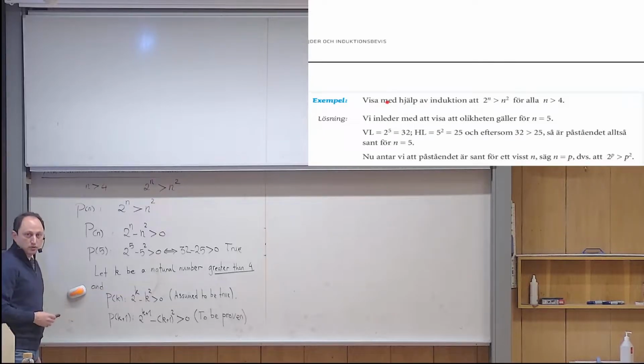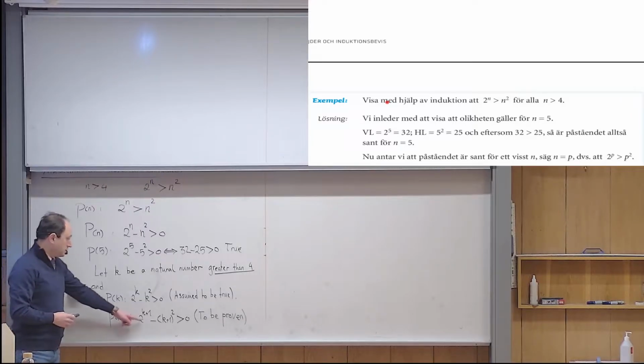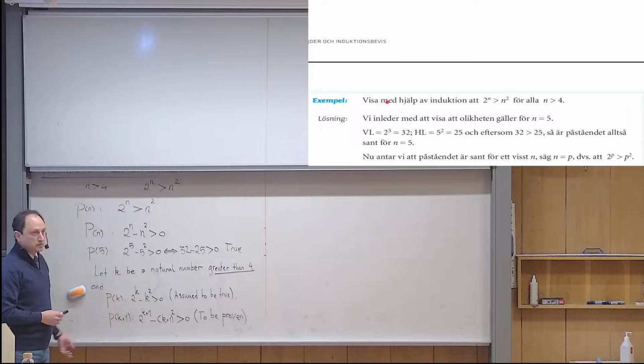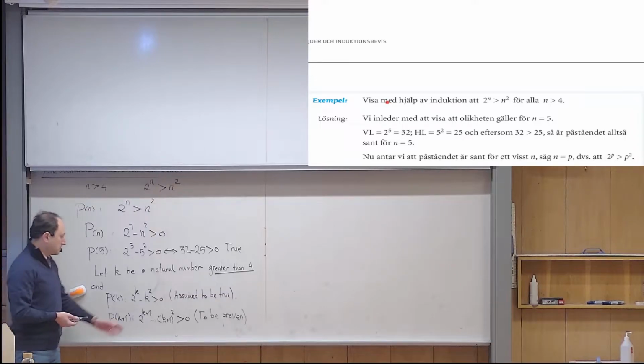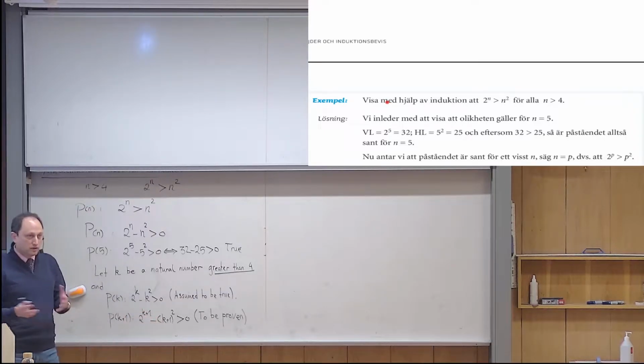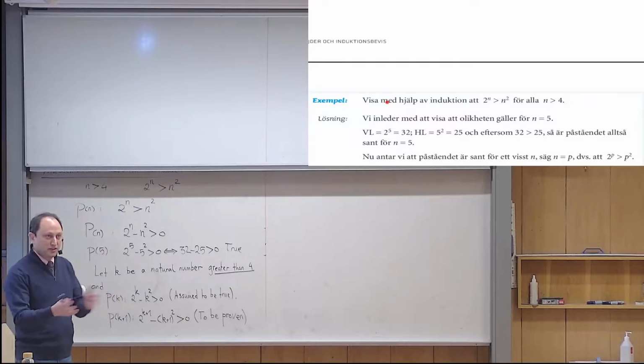Yes, so that is the goal. I want to show that this expression is positive if I know that this expression is positive. So what do you think I will be able to do? Because this is not an equality. In an equality, you have to make everything 100% the same.